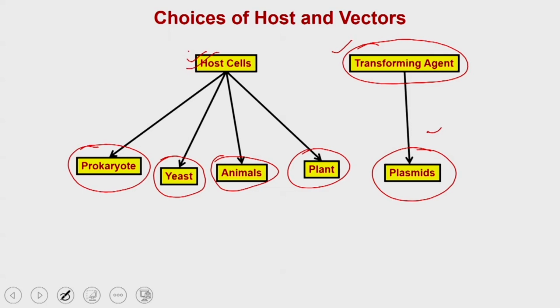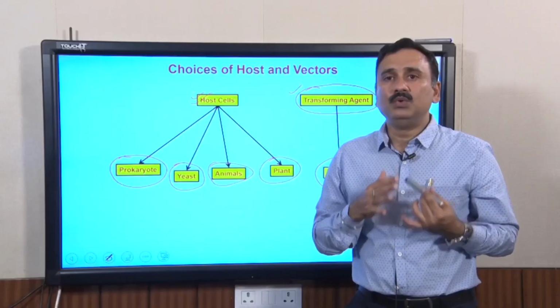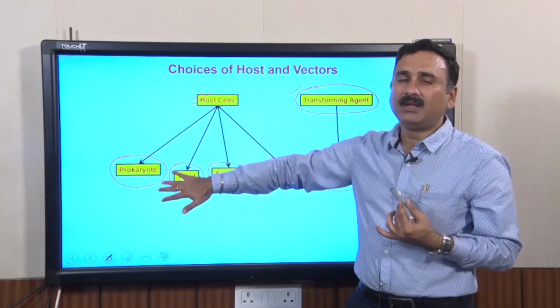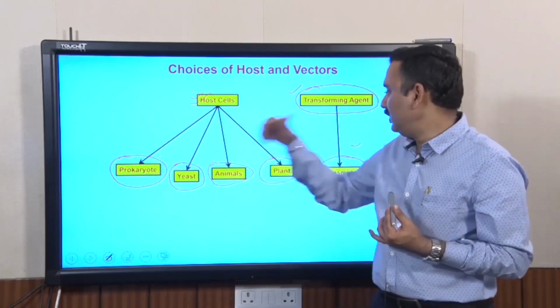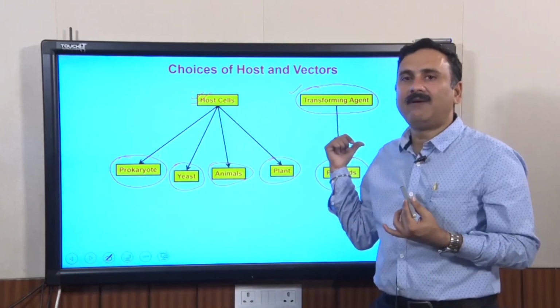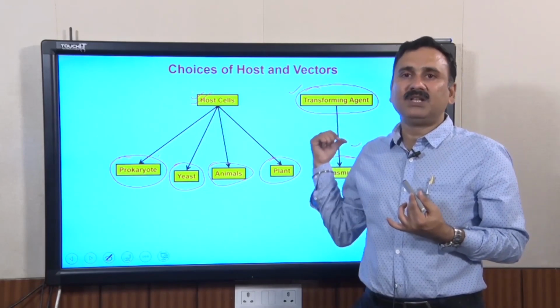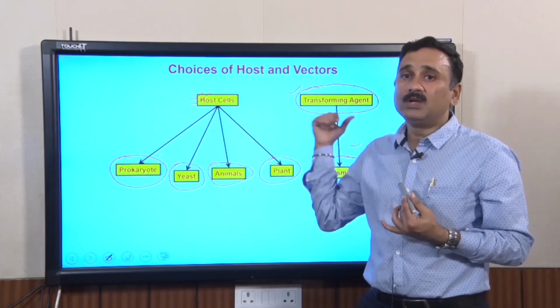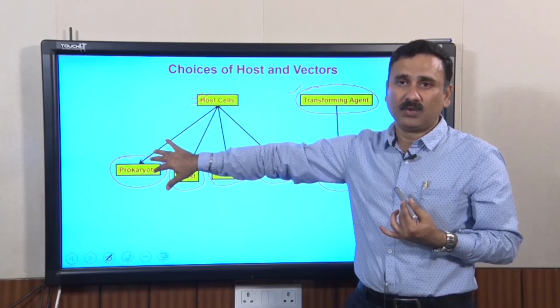So, what will be the basis on which you are going to choose the host strain, because once you select the host, then you automatically have to select the transforming agent, which is the vector that is going to produce the protein in these host cells.